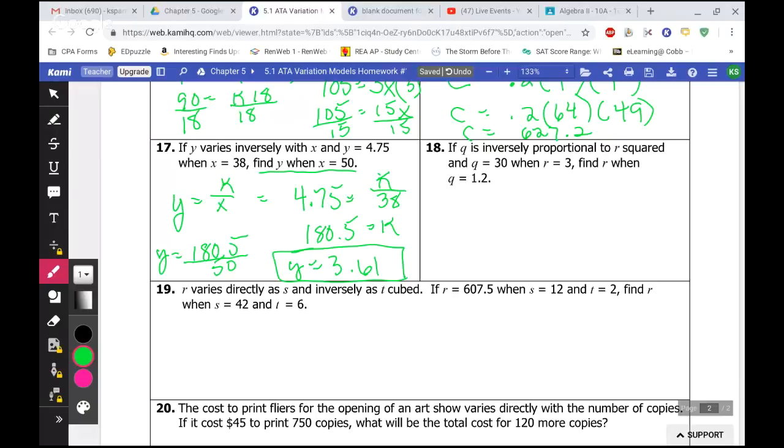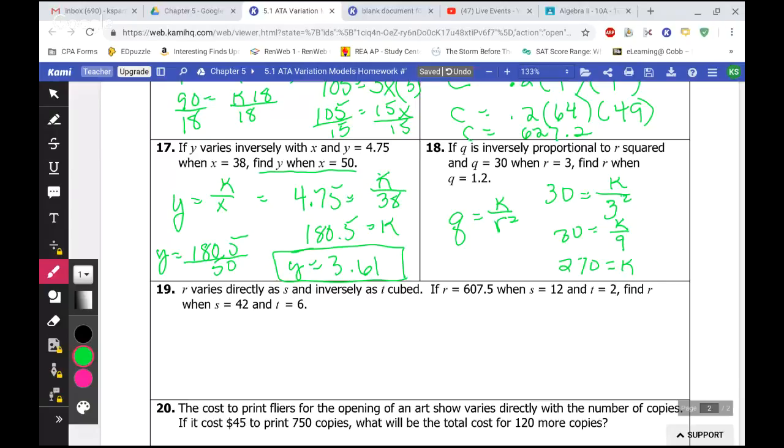So Q is inversely proportional to R squared. And Q is 30 when R is 3. Multiply both sides by 9.